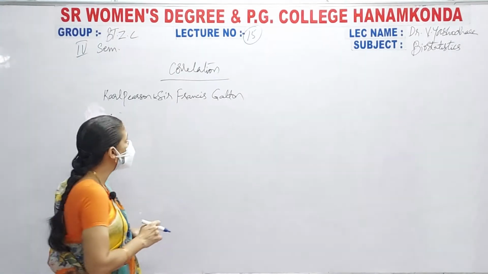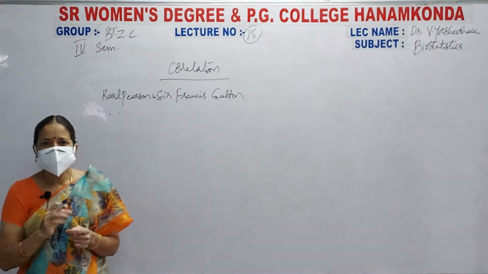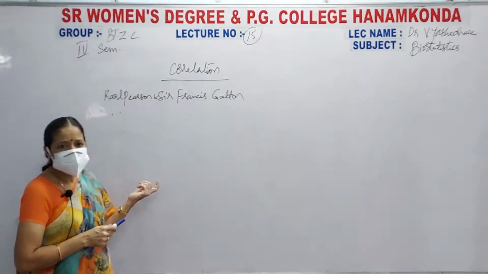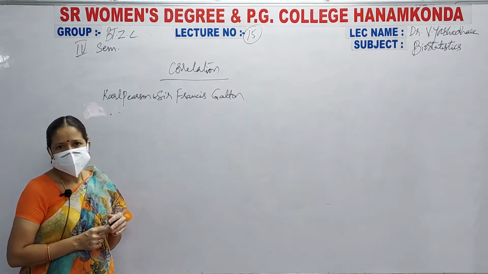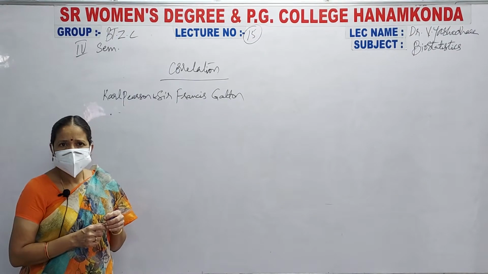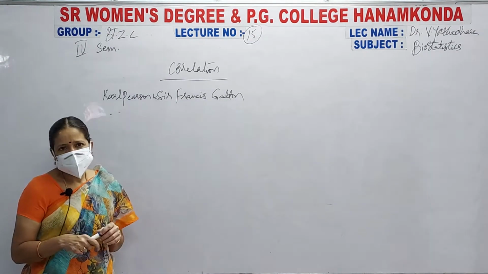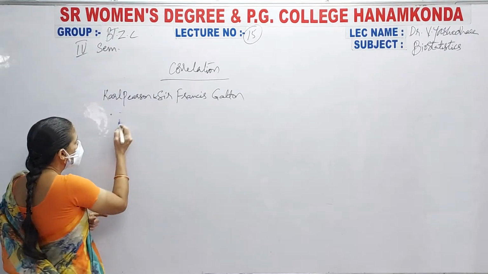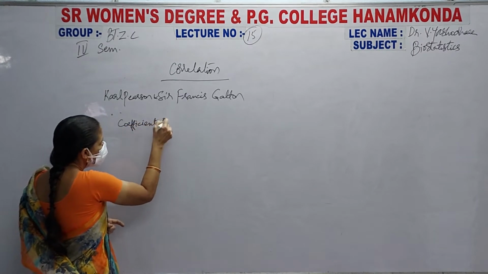They first gave this correlation technique. Measuring the degree of correlation between the variables is known as the coefficient of correlation.